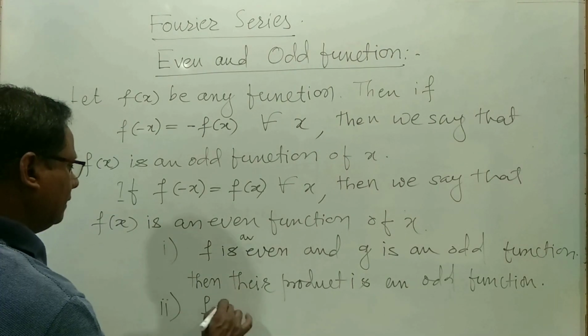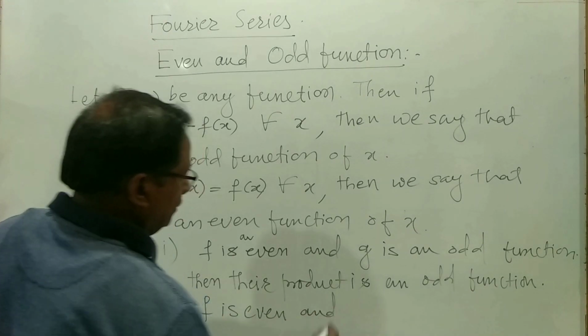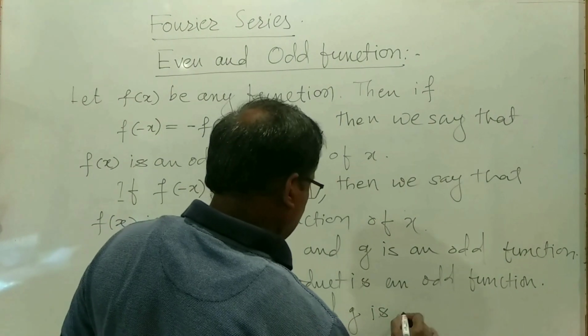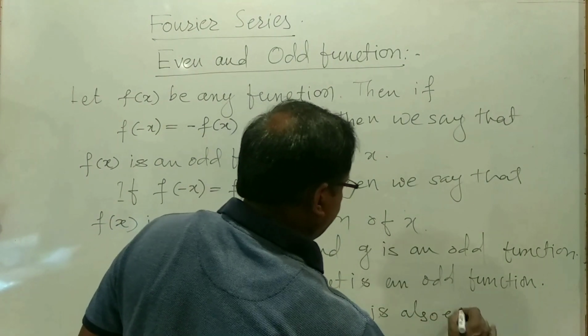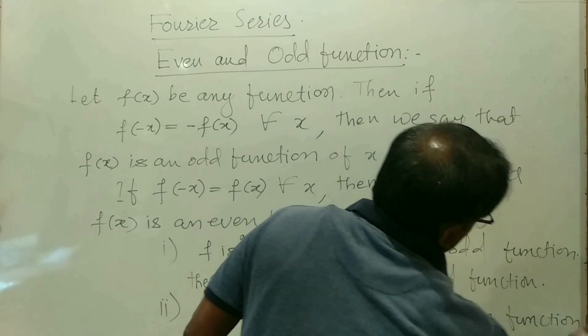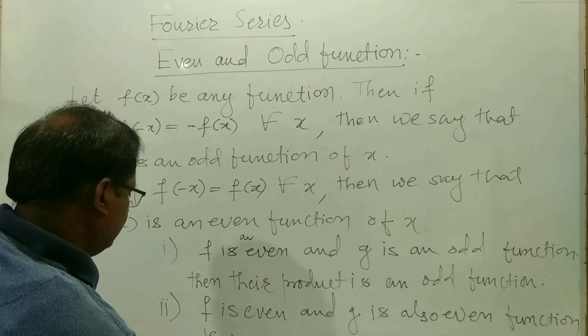If f is even and g is even also, both are even, then their product is an even function.